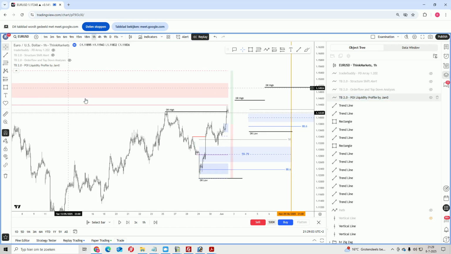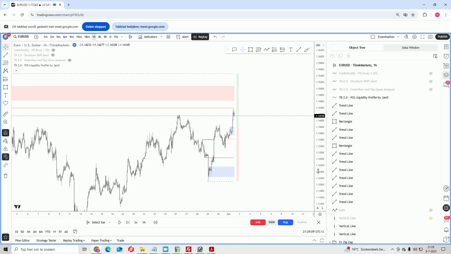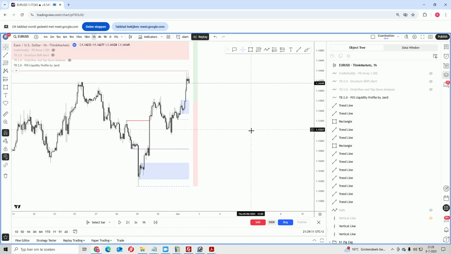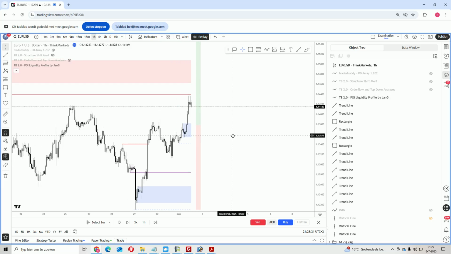So what do these lines mean? Well, if we hide all images, we have a 4-hour bullish POI zone, and this is inside the discount zone.